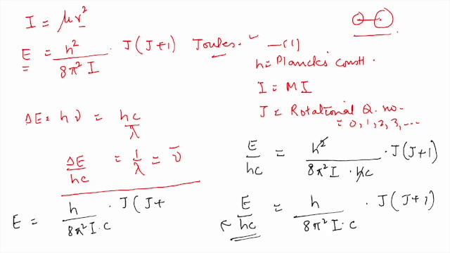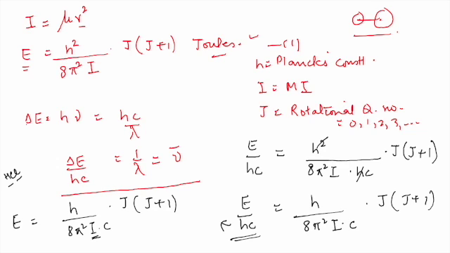Now if we consider a single molecule, for example HCl or CO, the H and Cl have their individual masses, which are constant.